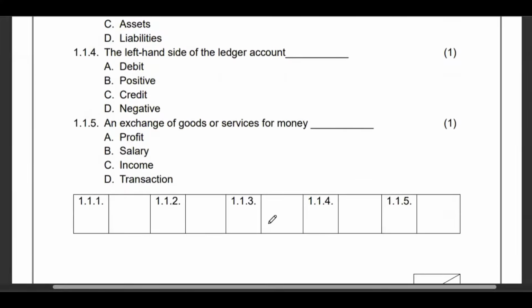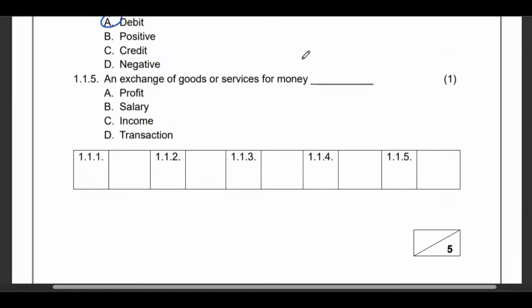And then 1.1.4 is telling us that the left-hand side of a ledger account, what does it represent? So that represents what we call the debit, okay? So debit, and then the other side is going to be the credit. All right, then now 1.1.5, an exchange of goods or services for money. What do we call that?